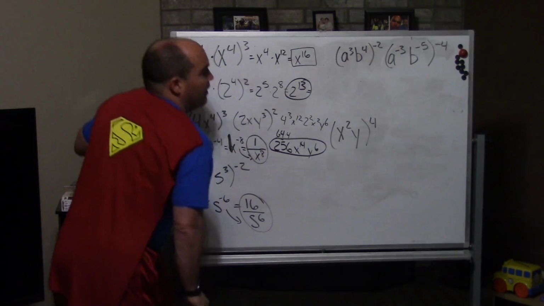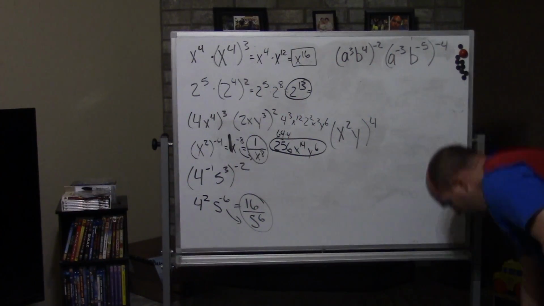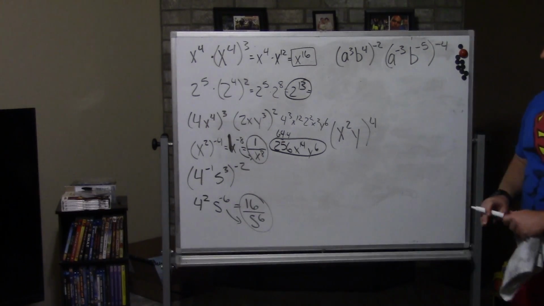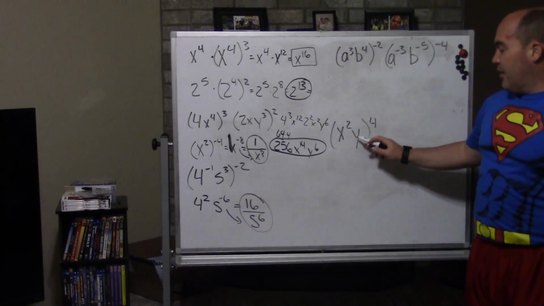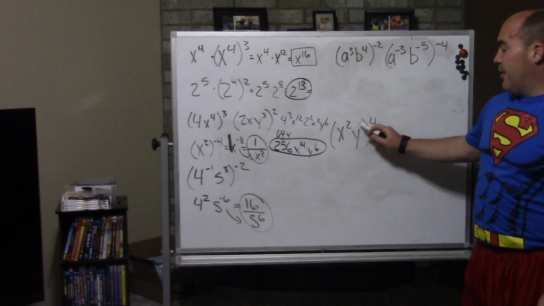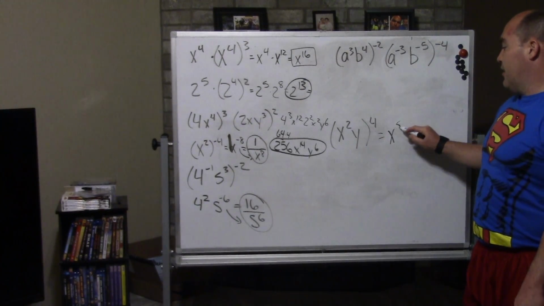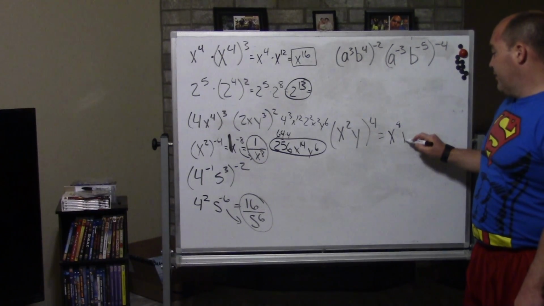Alright, we've got 2 more over here. We'll start with this easier one first, and then we'll come up here to this hard one. I may even erase this so I have a little more room. But I've got x squared to the 4th times y to the 4th. So x squared to the 4th is just going to be x to the 8th. And then I've got y to the 4th.